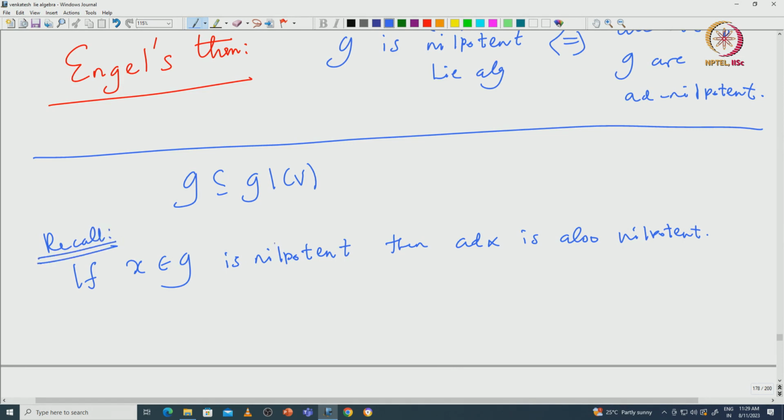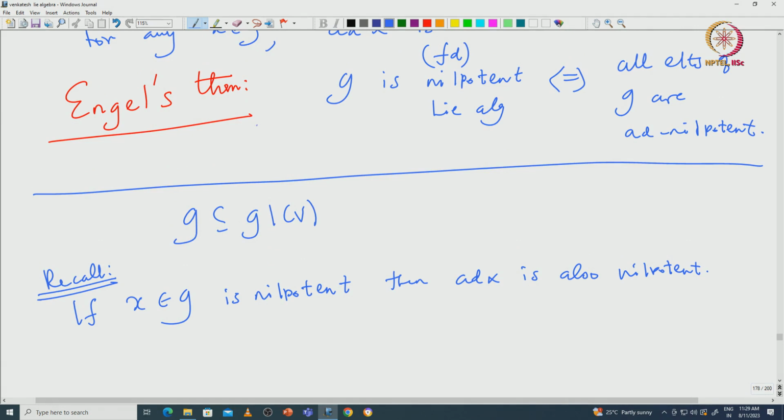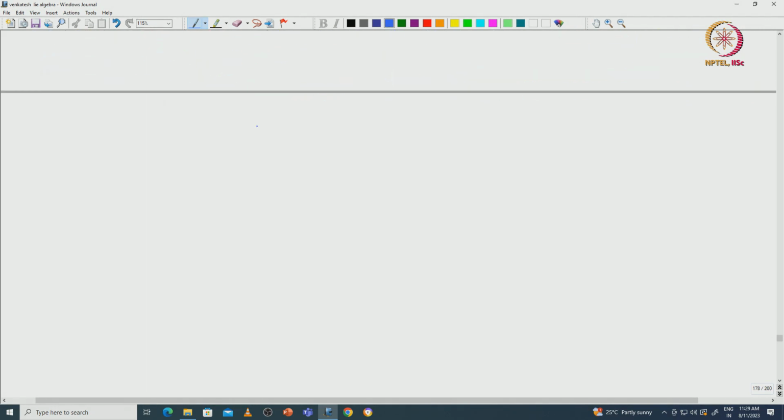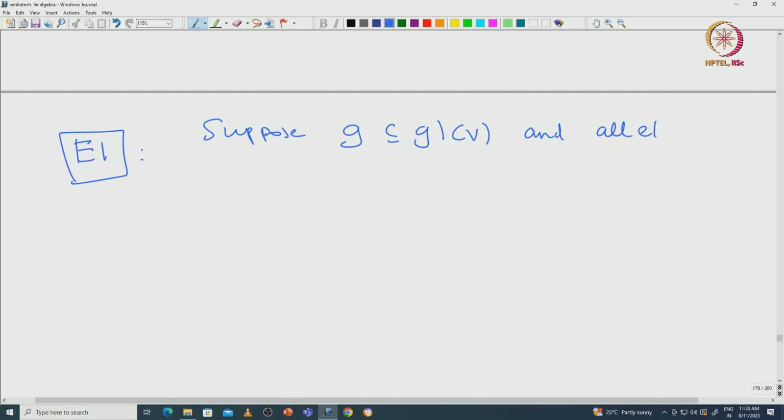In a way, if you are interested in proving Engel's theorem, you can see that Engel's theorem is actually equivalent to the following statement. Let me call it E1. What is the statement? Suppose G is a linear Lie subalgebra and all elements of G are nilpotent.